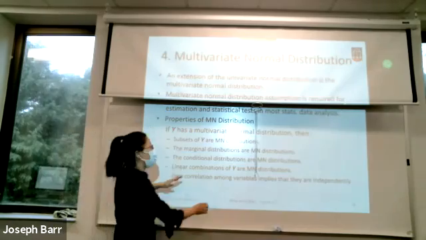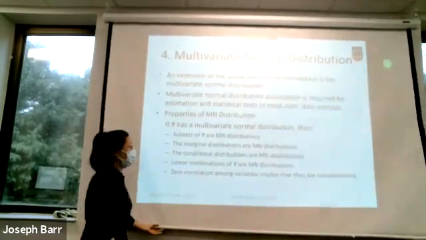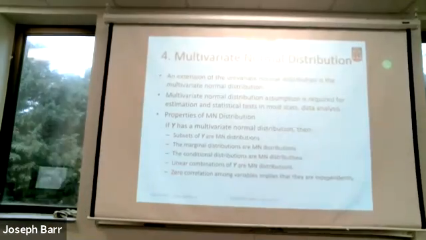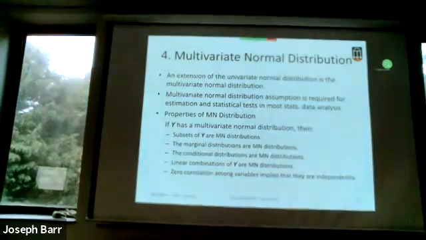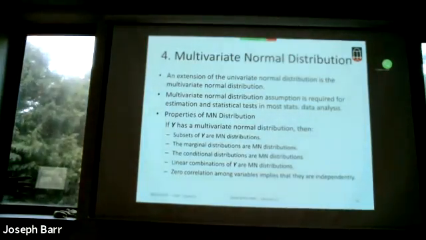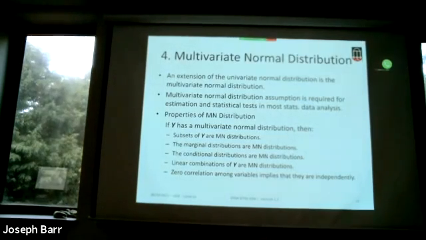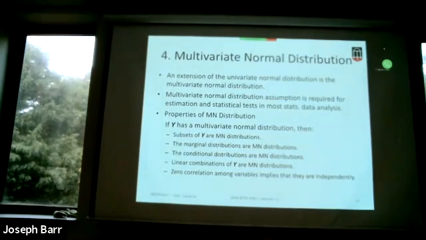So based on all of these good properties, multivariate normal, or just normal distribution, becomes the most popular distribution, the most popular assumption for our models, including SEM or other popular models.